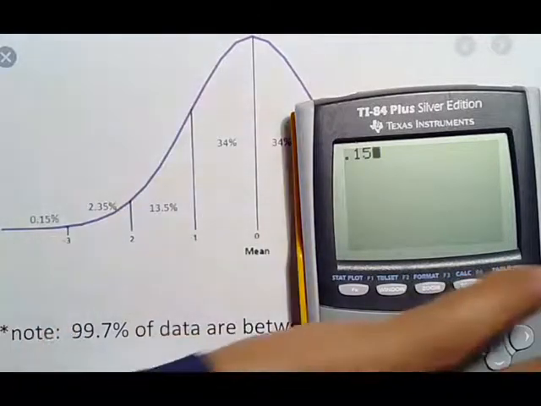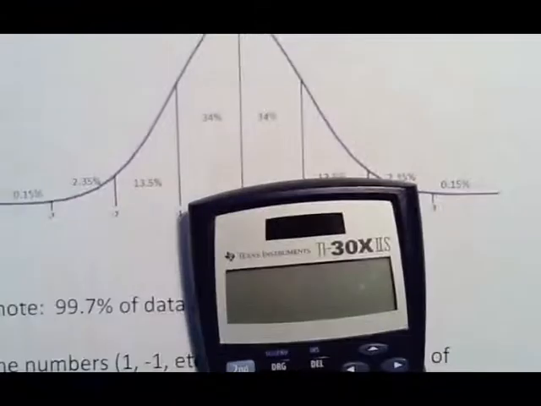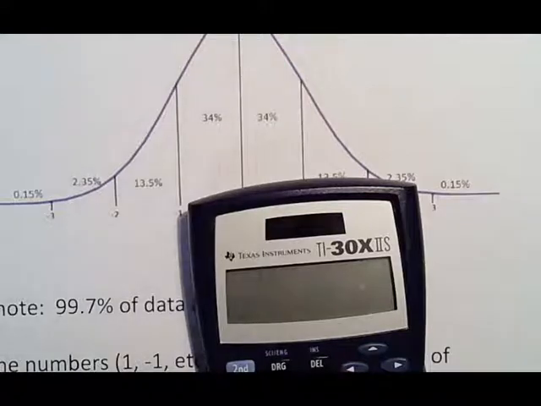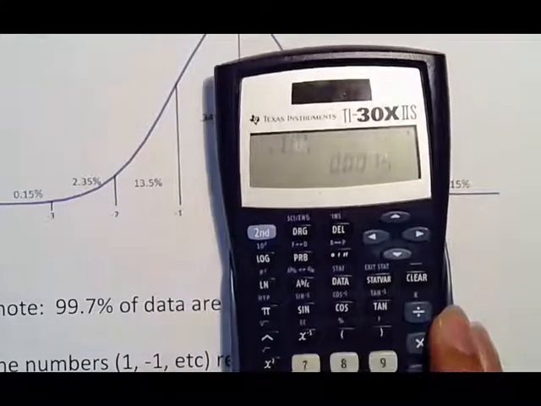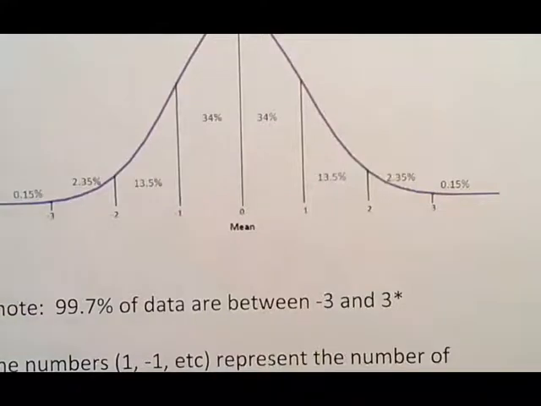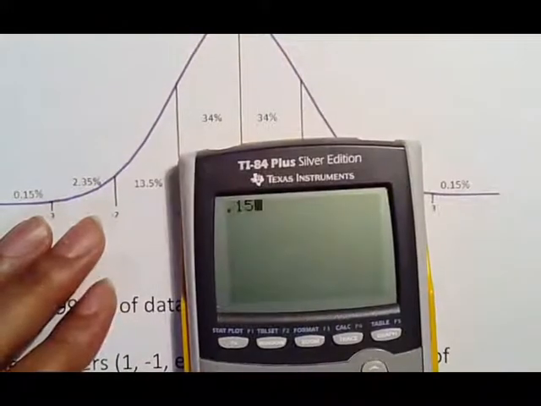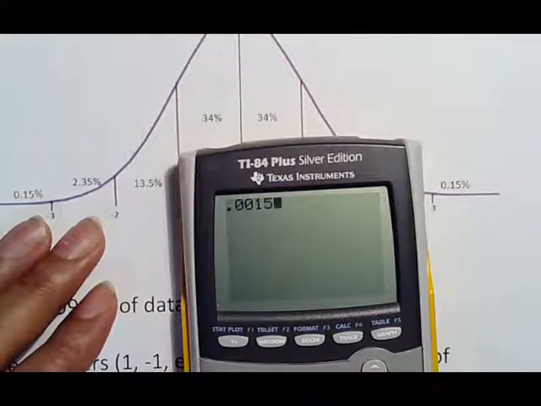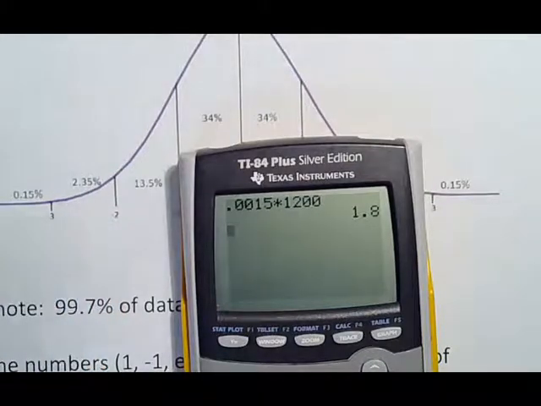Let me use another calculator that will help me cheat better, because I'm not working so well at 5 o'clock in the morning today. 0.15% is that number. 0.0015, which I think I was going to do, times 1,200, which means that there is about 1.8 students in the whole school, based off of this, who will never get anything wrong. And then there's about 1.8 students in the whole school who will never get anything right.